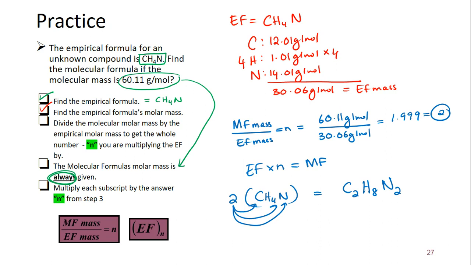Once you have found the empirical formula, you can proceed to find the molecular formula, which is basically the empirical formula multiplied by some whole number. The whole point of this is to find what whole number that is, the number you multiply the empirical formula by. Okay, so that's it for molecular formulas.